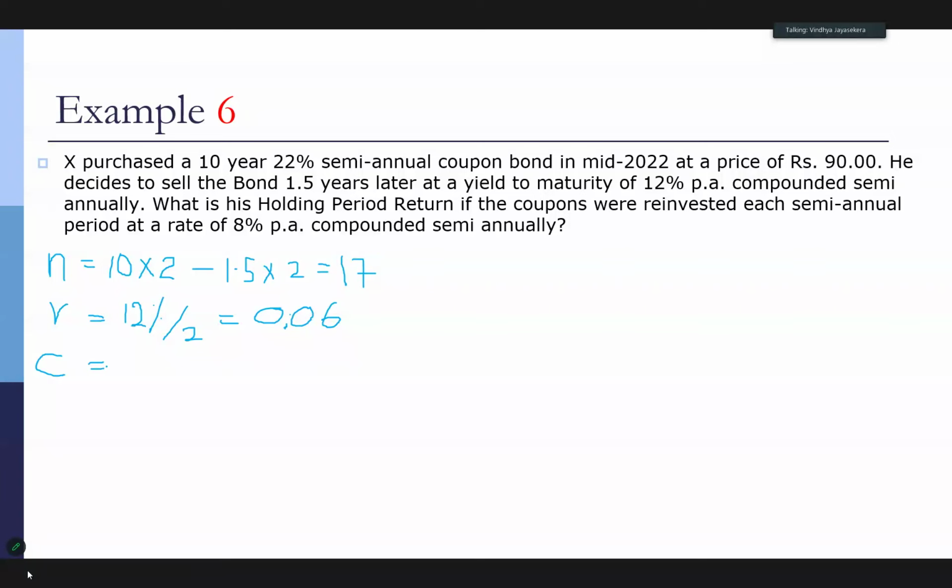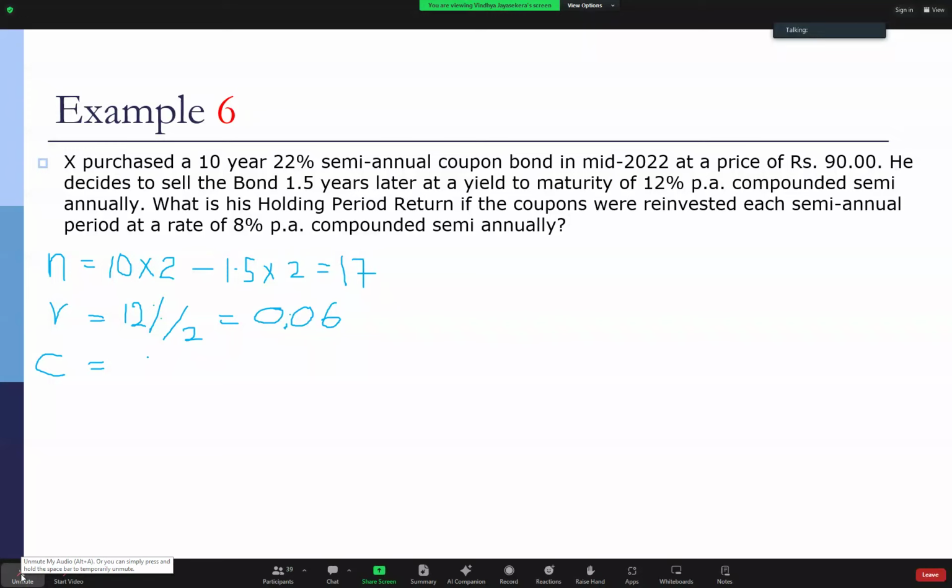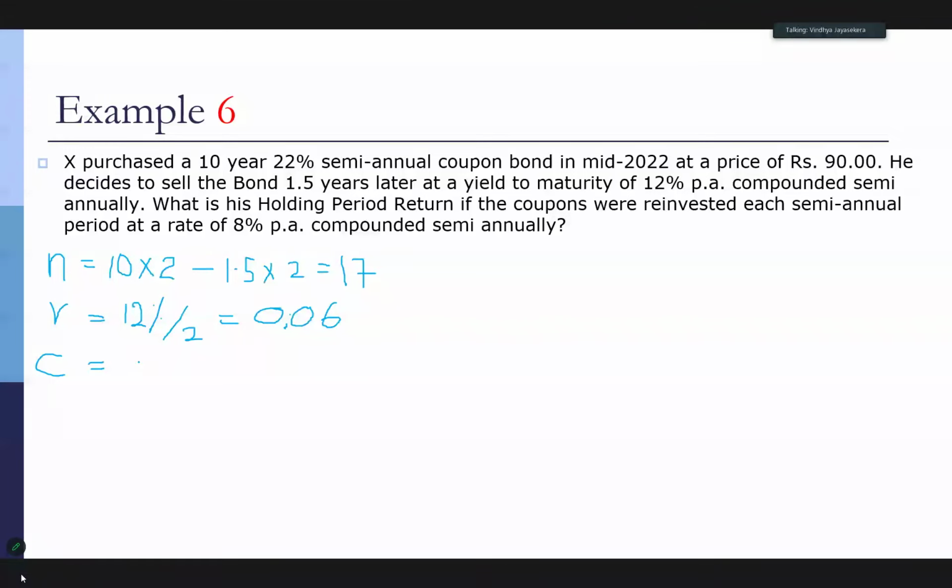What is C? Correct. C is 11, not 11%. It is not the coupon rate, it is the coupon. 22% into 100 divided by 2, so the coupon is 11.